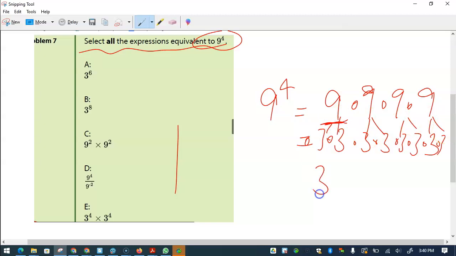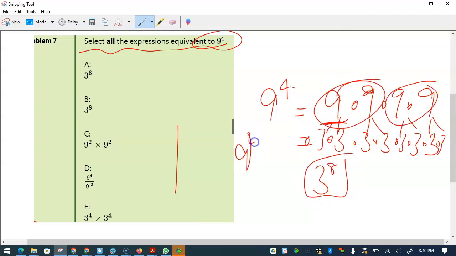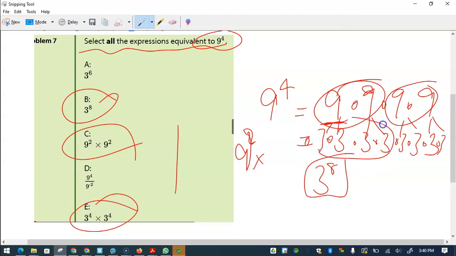So there is 3 raised to 8. Or you can also write 9 squared and 9 squared, and each is 3 raised to 4, so it's also 3 raised to 8. I hope that takes care of it.